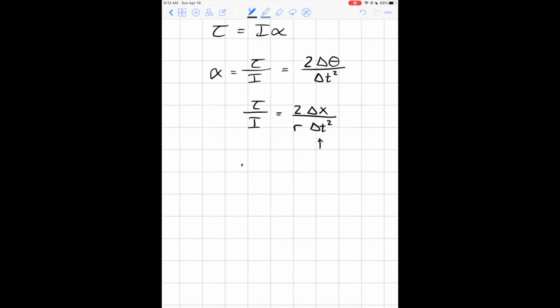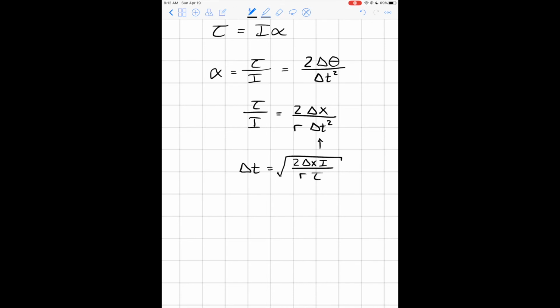Delta t is equal to the square root of 2 delta x times I over r tau.